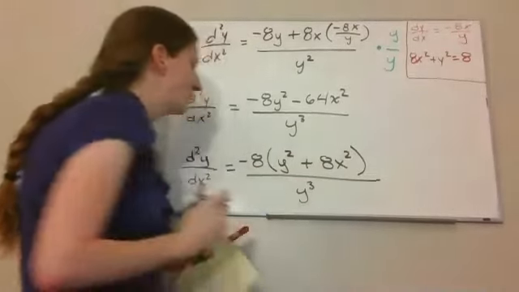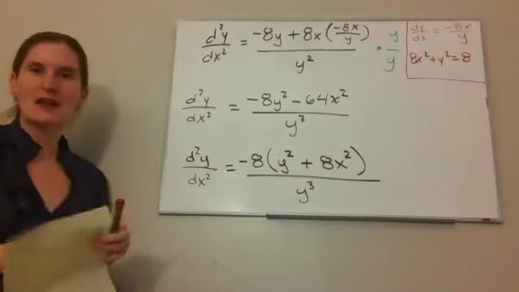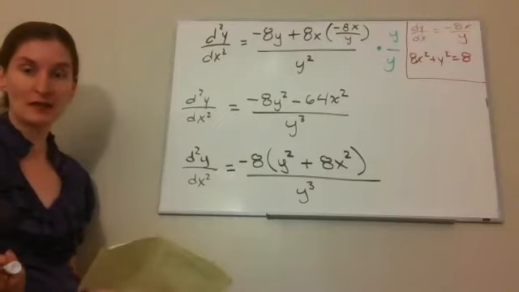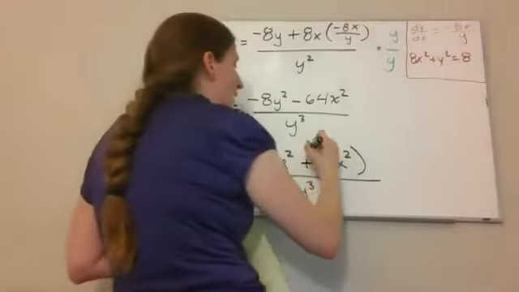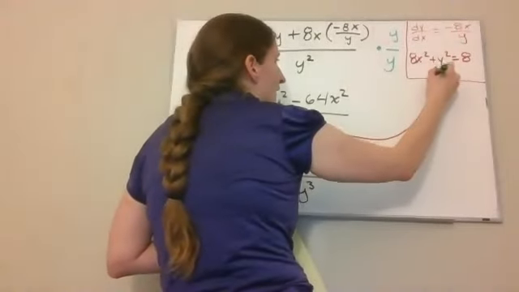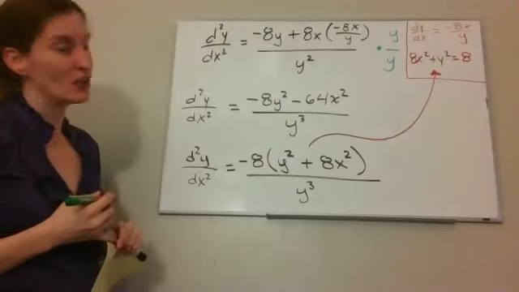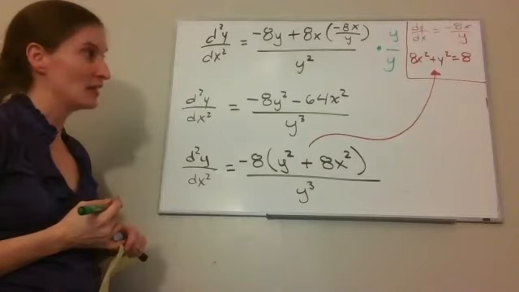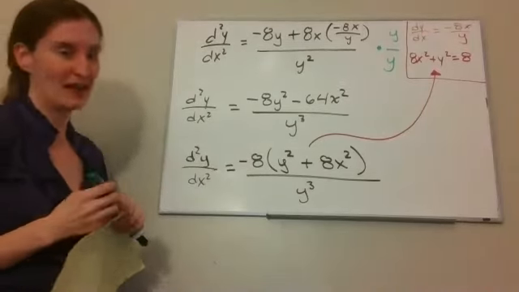Now, why did I do that? Well, just take a look at what's in the parentheses there. I have y squared plus 8x squared. Do we know what that's equal to? This y squared plus 8x squared is back to my original equation. We know 8x squared plus y squared is 8. So y squared plus 8x squared is also 8.